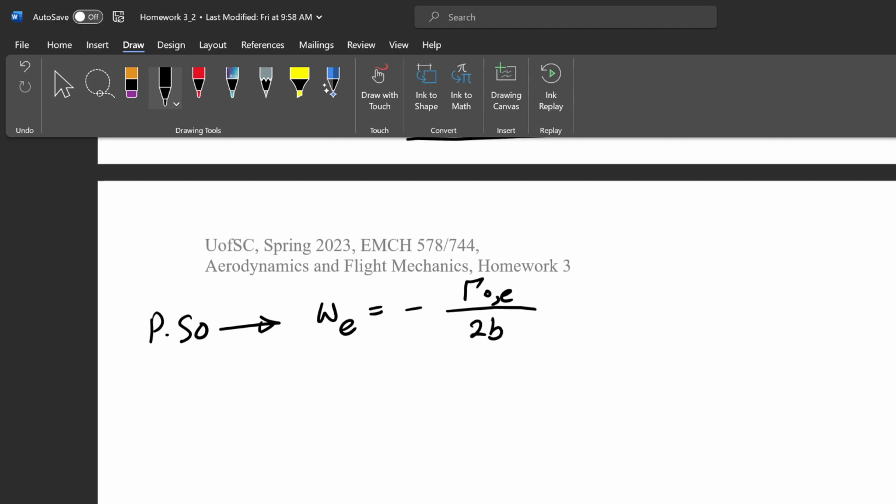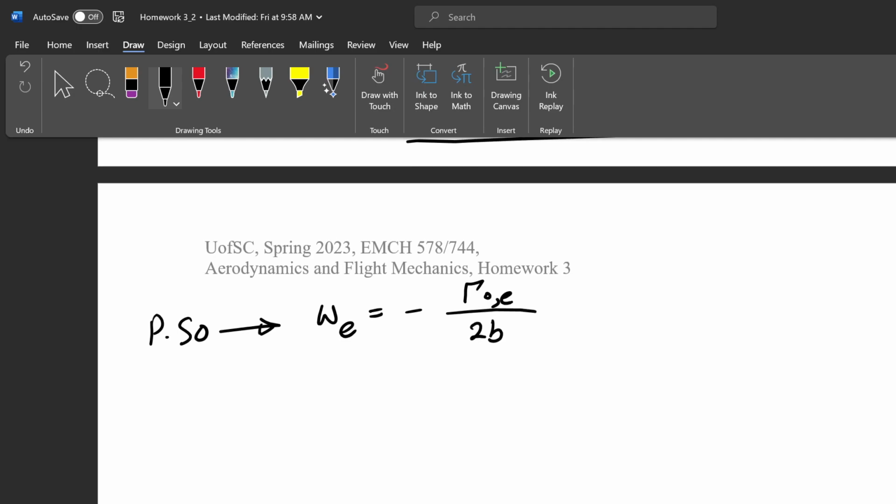But we need to find a downwash for the non-elliptical, the parabolic one, and we didn't have an integral equation for this. You can find that integral equation on page 40.